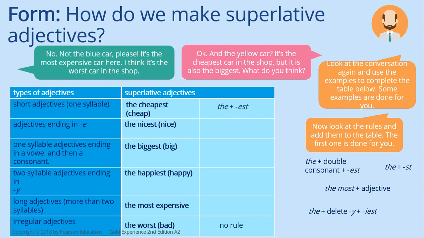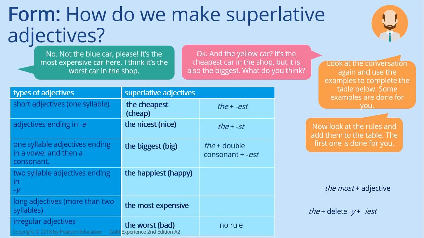Now look at the rules and add them to the table. The first one is done for you, but I can tell you a secret. They are super similar to the rules for the comparative adjectives. So, for adjectives ending in E, we add ST. One-syllable adjectives ending in a vowel and then a consonant, we double the consonant, add EST.